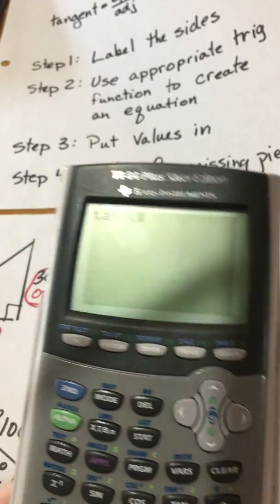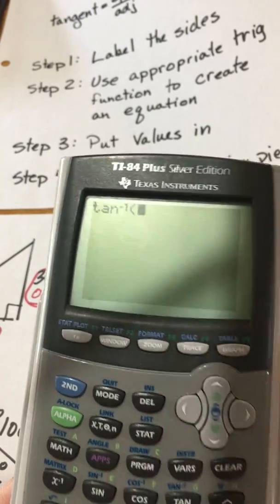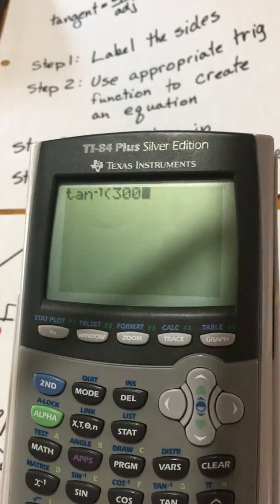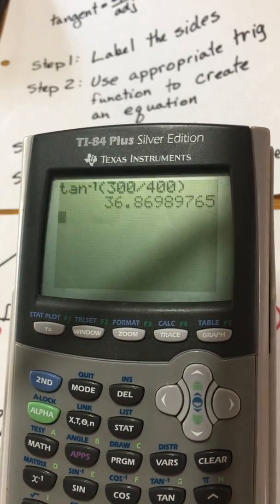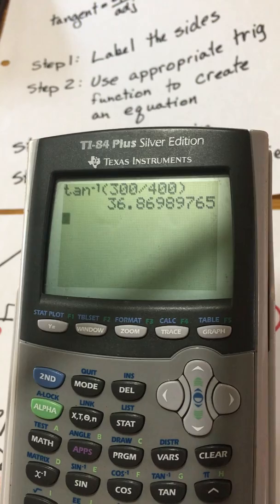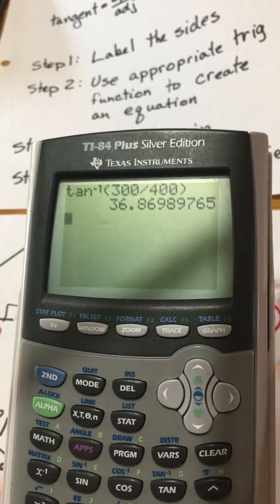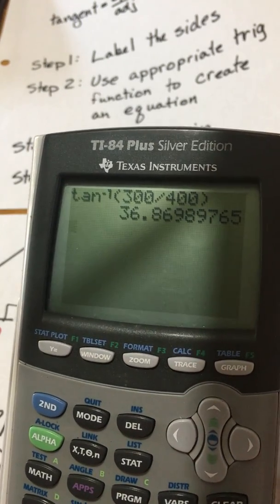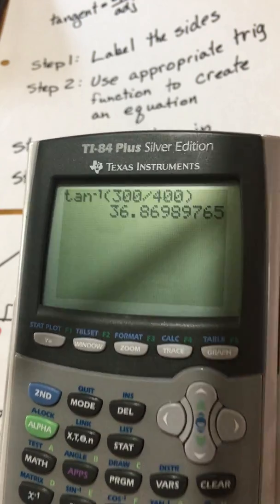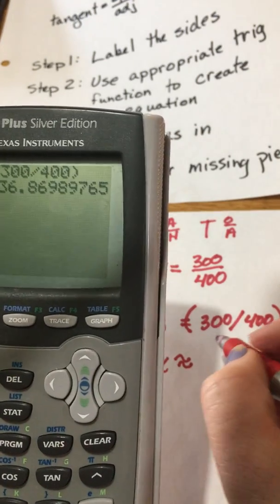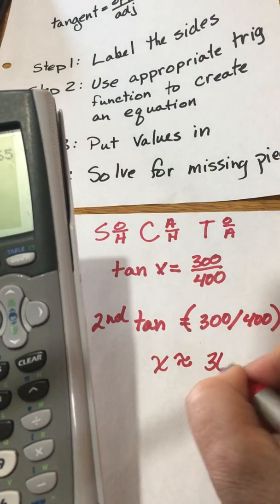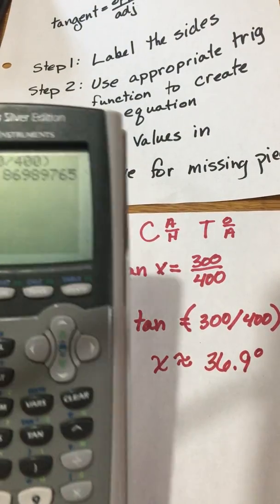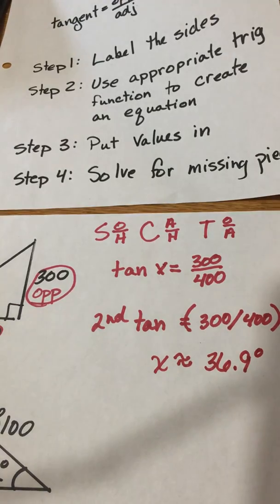That's what we want. So we hit second tan, 300 divided by 400, close my parentheses, and hit equal. With angles, I like to go one decimal. So x is approximately equal to 36.9 degrees. That's your tangent.